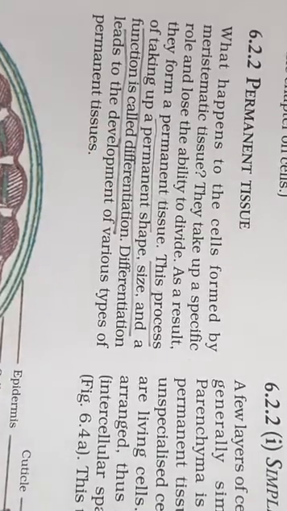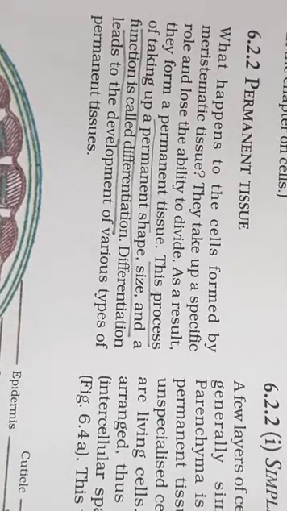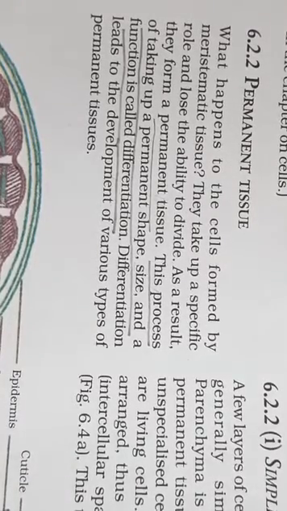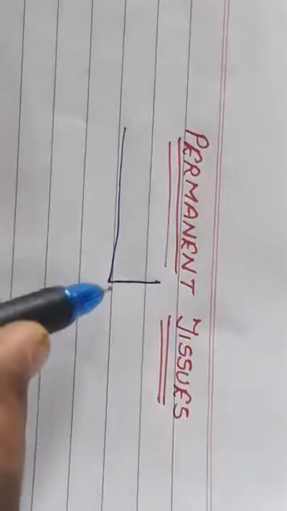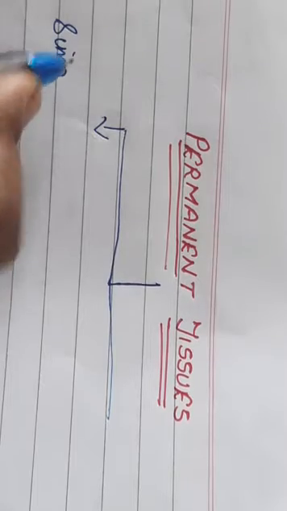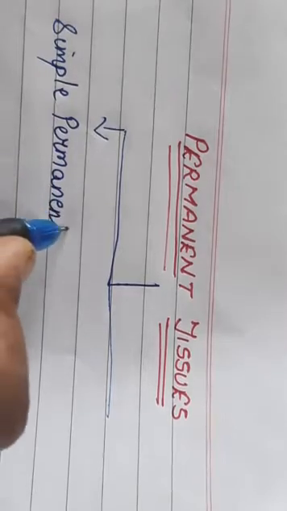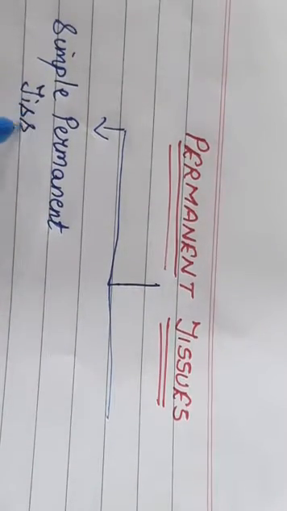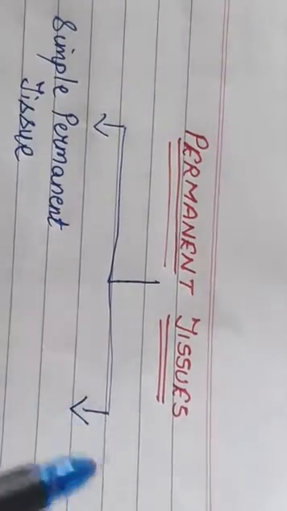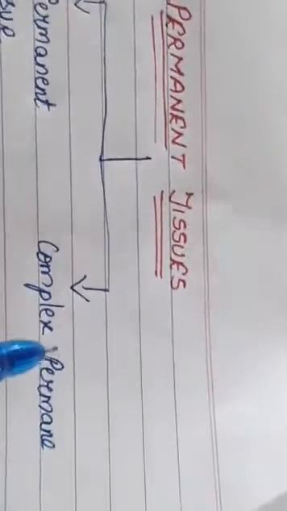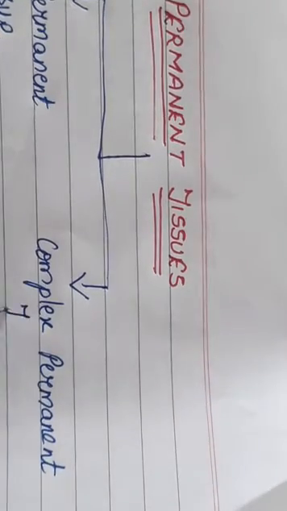Clear? Now, permanent tissues are again divided into two types. What are they? The first one is simple permanent tissue and the second one is complex permanent tissue.